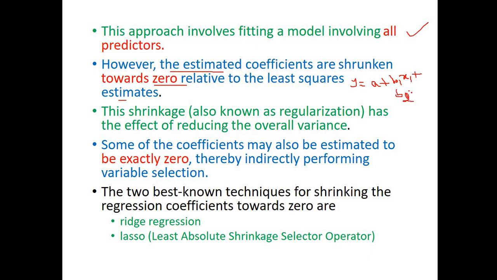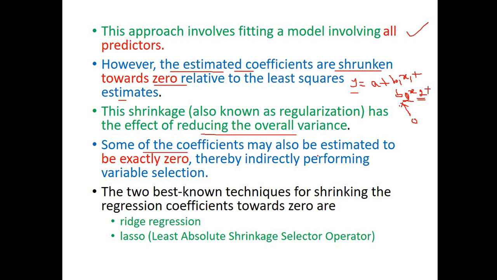Then some of the coefficients are made 0 so that the effect of the corresponding independent variable can be eliminated. So that is, this point says estimated coefficients are shrunken towards 0. Some of the coefficients are made 0. This shrinkage has the effect of reducing the overall variance.